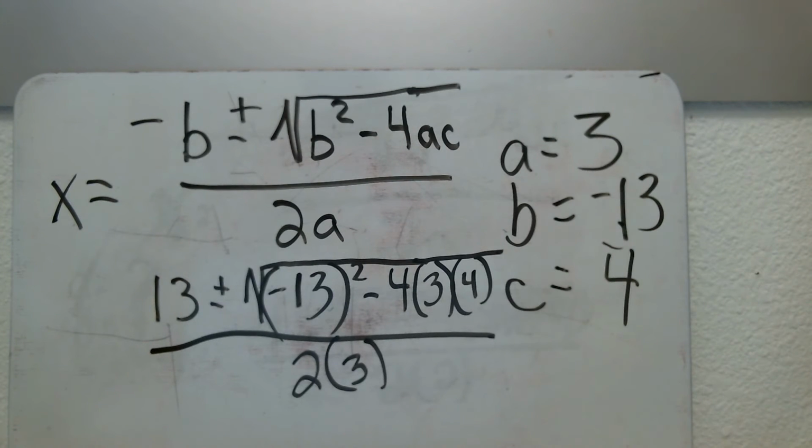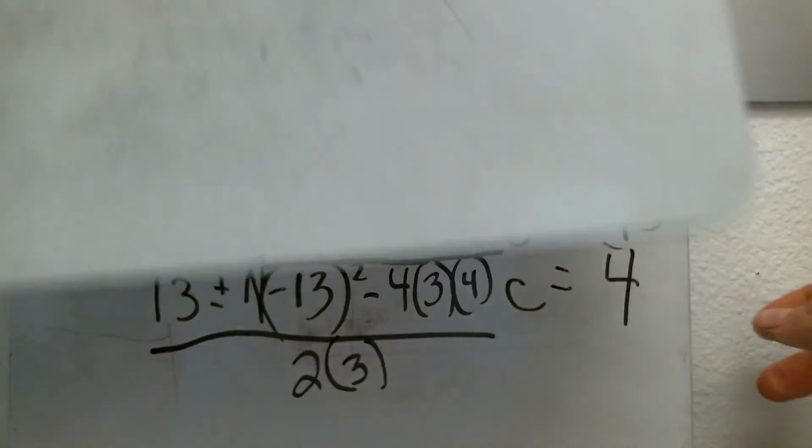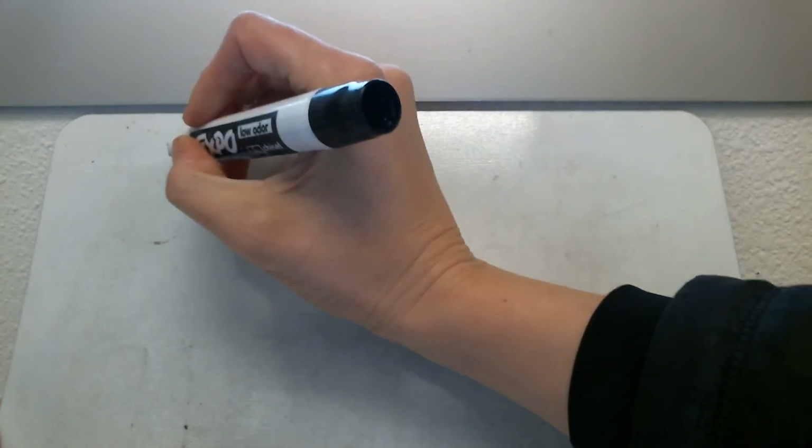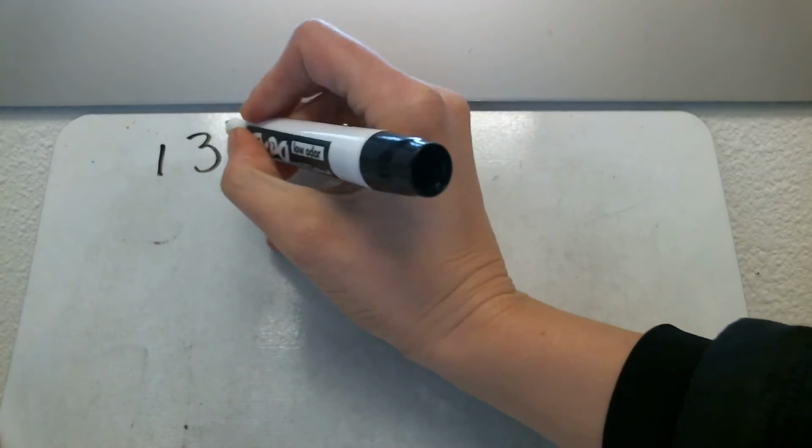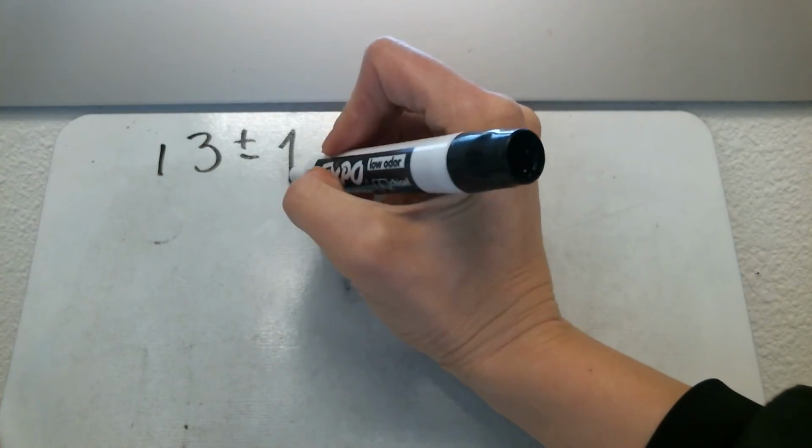Okay, we're going to go ahead and simplify that a little bit further. So let's start by simplifying under the square root. I'm going to recopy it onto the new board.